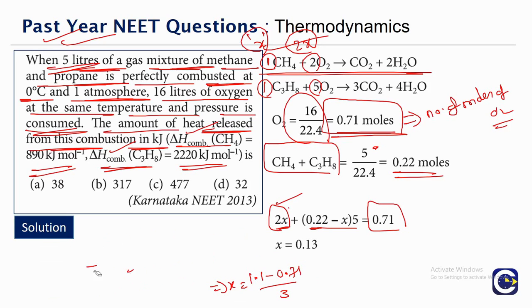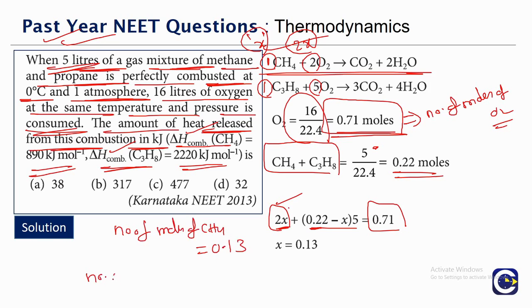Now we got the value of x, which means we will know the number of moles of methane. How much? x, that is 0.13.